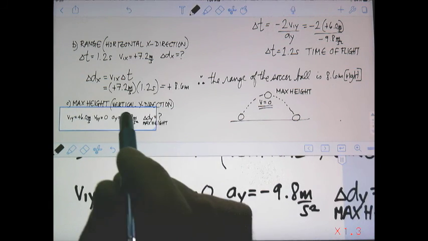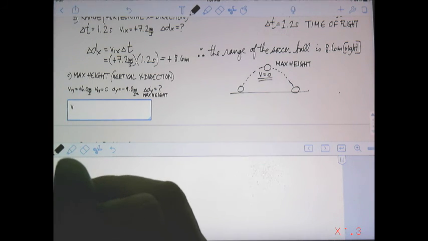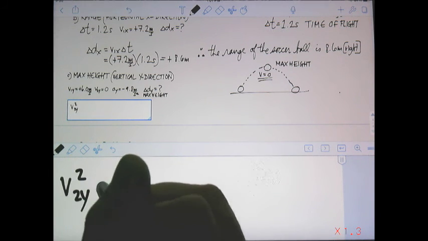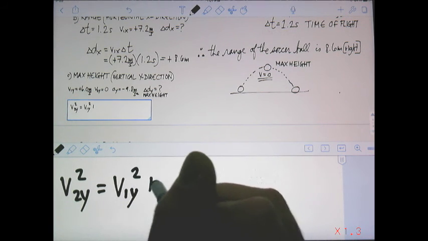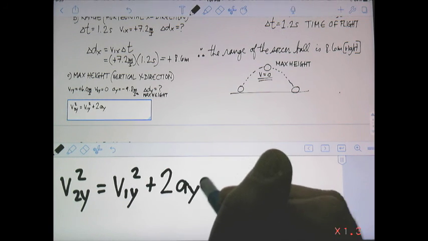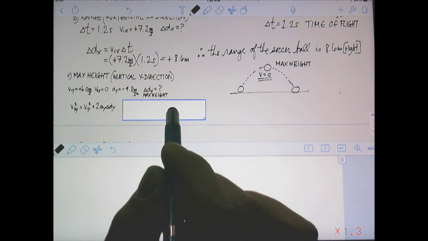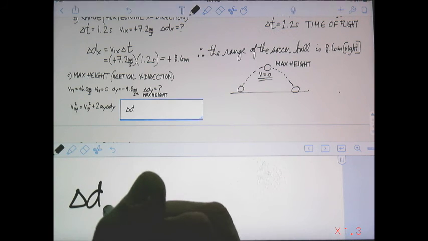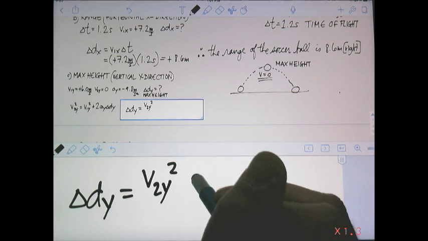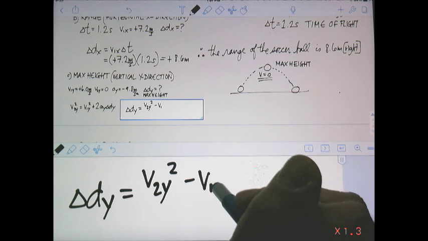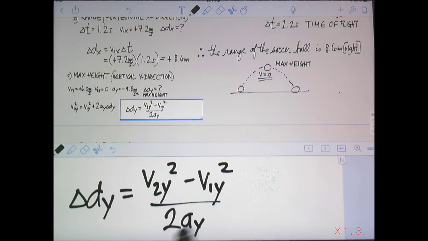And equation number 4 states v2 squared equals v1 squared plus 2a delta d. And if we rearrange this, delta d is equal to v2 squared minus v1 squared over 2a.